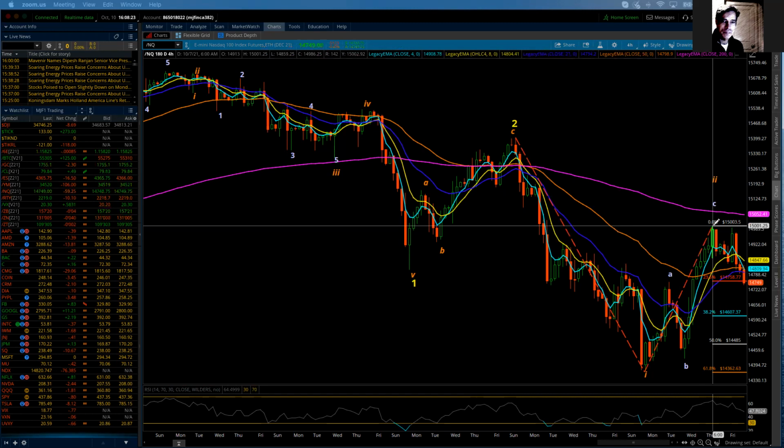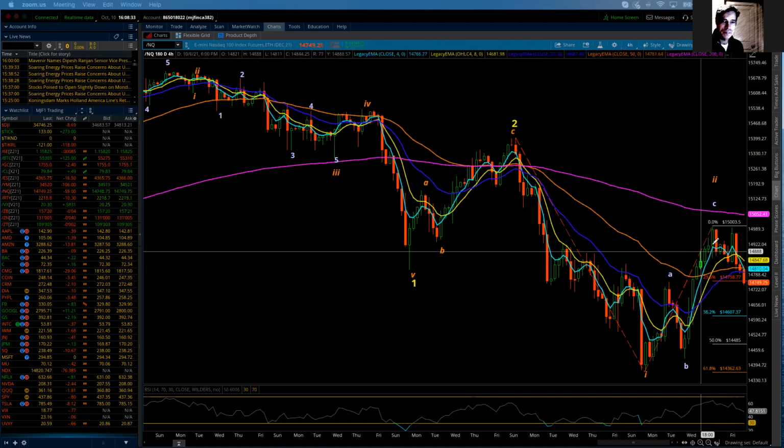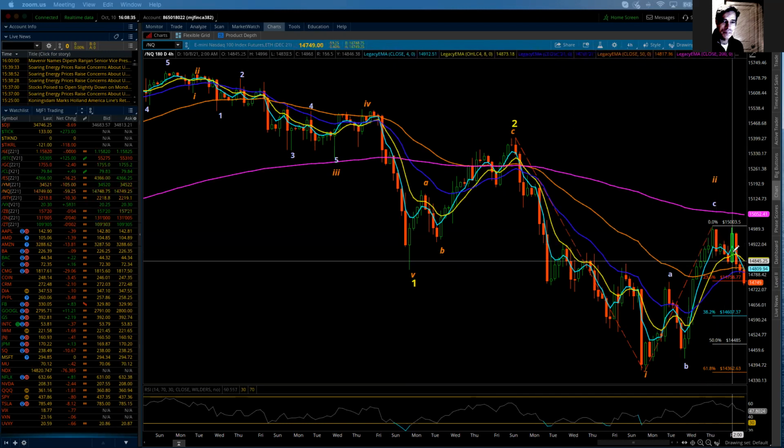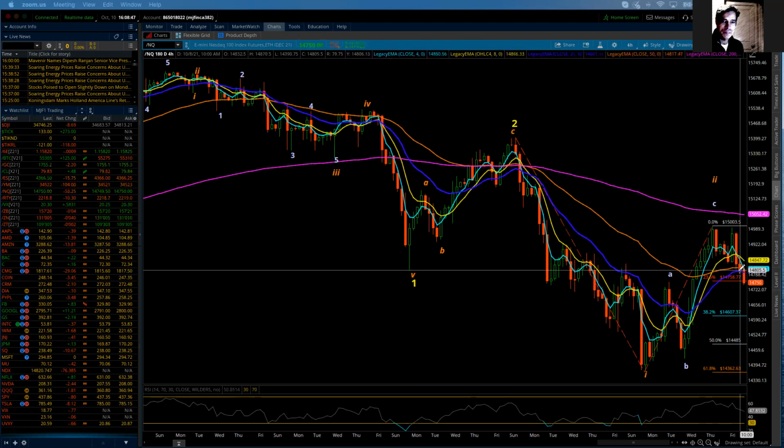So what this now gives more support to is the fact that the market never did put a challenge into the 200, broke back below the 4 and the 8, and on Friday broke below the 50 and actually closed below the 50.